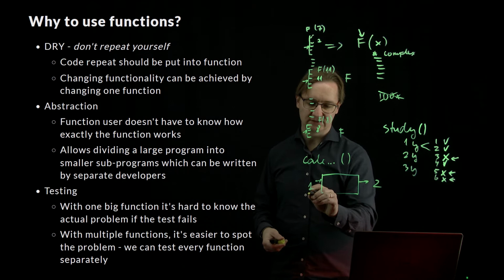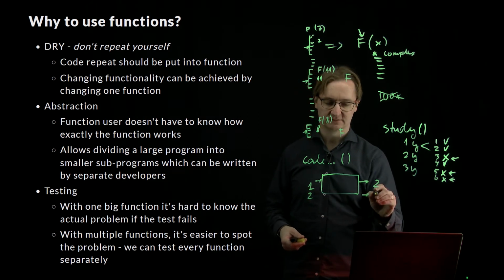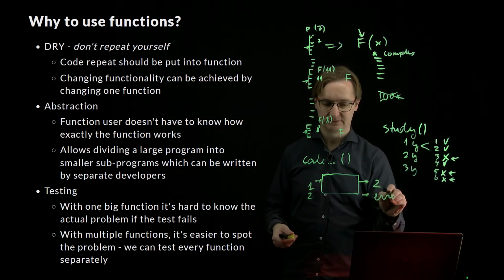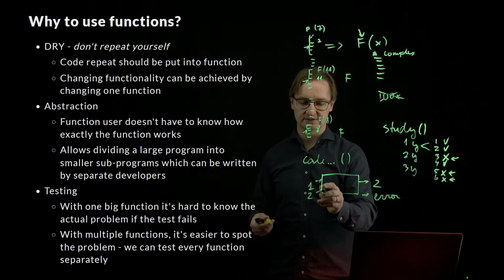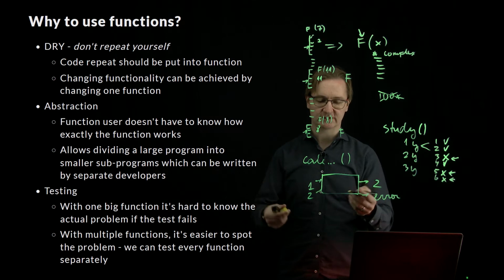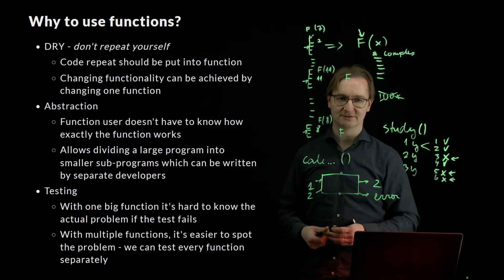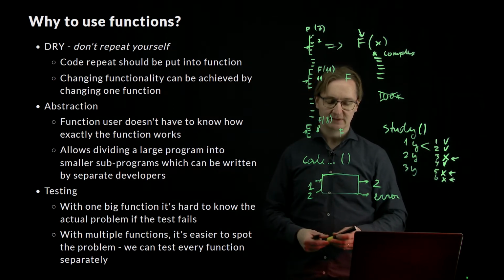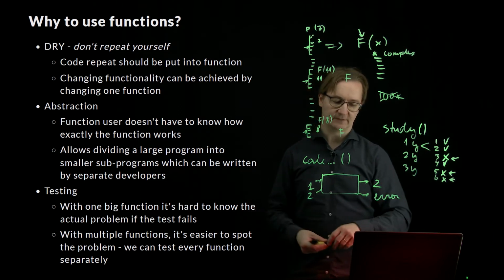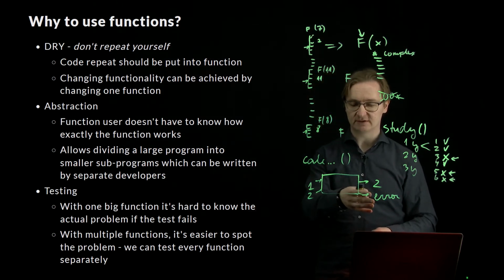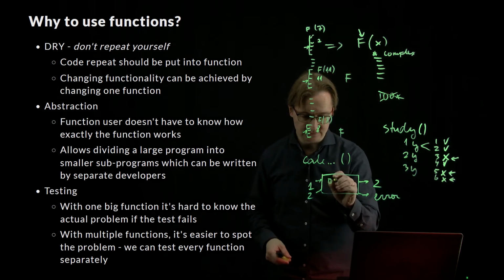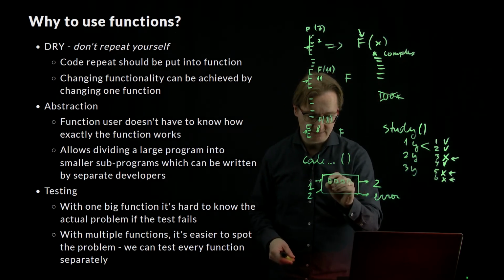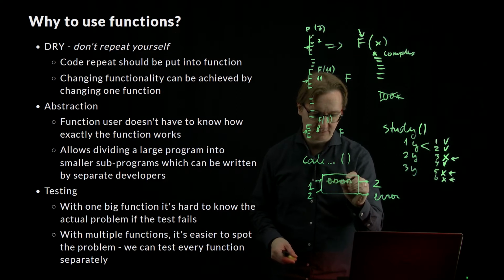Now I try to send in 2, but I get an error. Now it's very hard for me to see what the problem actually is. Of course I can go to a shop and say that this device doesn't work, but if I want to repair it, it's very hard to start because it consists of smaller components which are connected.